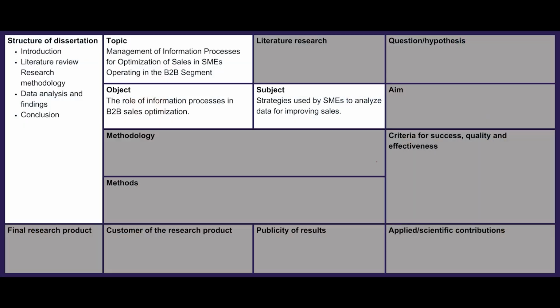And I believe this is also the aim of the work: to examine, or we can say also to provide a better understanding of how the information processes, which we just defined, impact the sales of the SMEs. Yes, and he did it in the right way to say, I want to have this understanding to improve it, and to give this good comprehensive understanding, to have a better understanding of the processes.